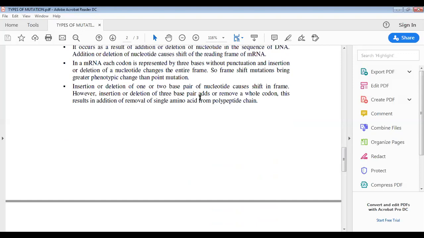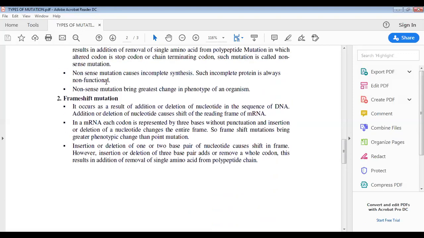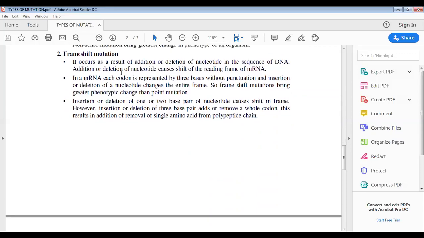Insertion or deletion of 3 base pairs adds or removes a whole codon. This results in addition or removal of a single amino acid from a polypeptide chain. So how is it different from nonsense mutation? In nonsense mutation, something is either removed or added, which makes no sense. But in frameshift mutation, insertion or deletion of 1 or 2 base pairs of nucleotide causes a shift in the frame.